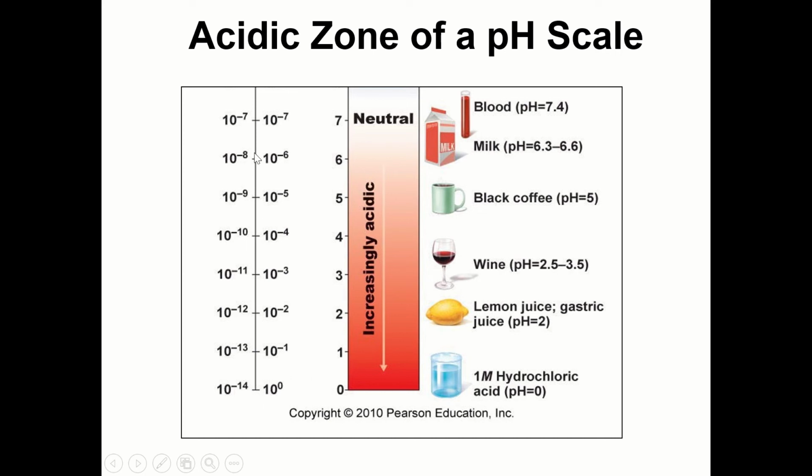At the same time this is happening, you're actually decreasing the number of free-floating hydroxyl ions. So 10 to the negative 7 gets smaller, so there's fewer of them at 10 to the negative 8, even fewer at 10 to the negative 9, until there's so few, 10 to the negative 14, concentration of free-floating hydroxyl ions.